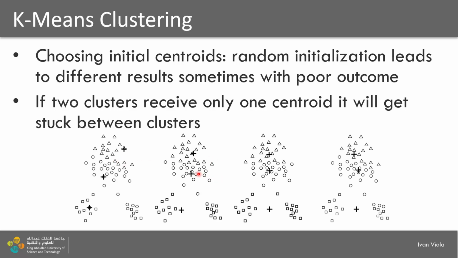And what we will observe here is that now two centroids are stored within this one big cluster. And then there is this one point which is in the middle of the two clusters serving as their centroid.